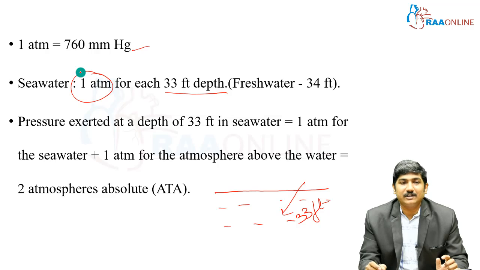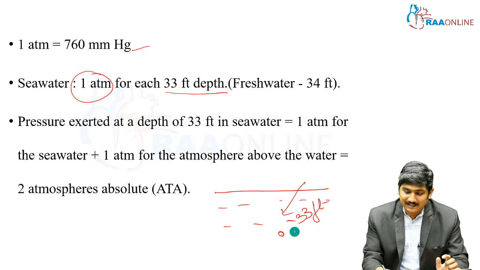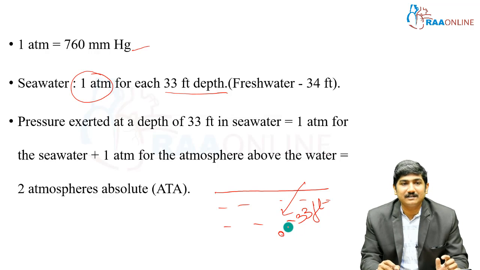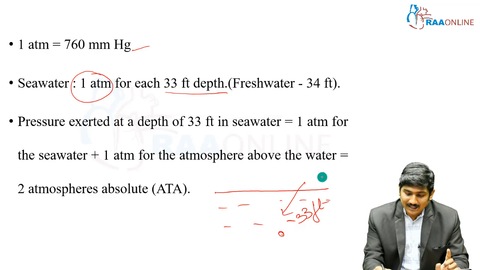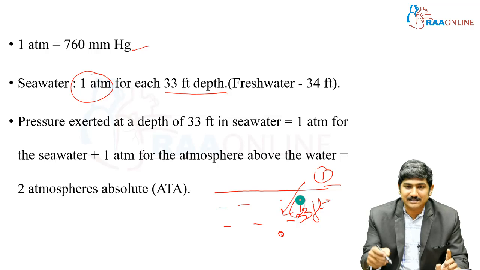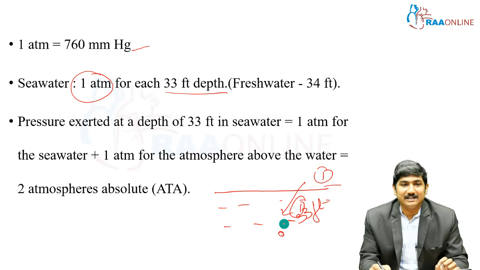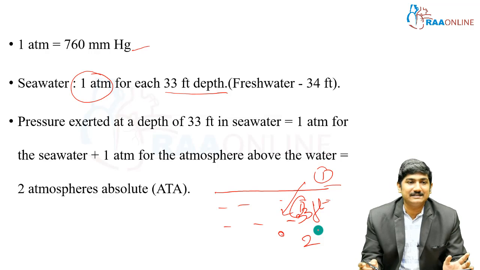At a depth of 33 feet, the pressure is 1 atmosphere, and additionally there will be 1 more atmosphere because he has gone 33 feet down. So at a depth of 33 feet, it will be 2 atmospheres. For every 33 feet, you need to add 1 to what you get at sea level.